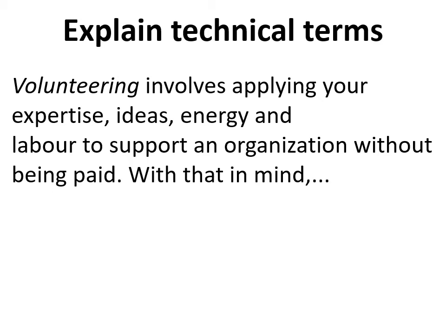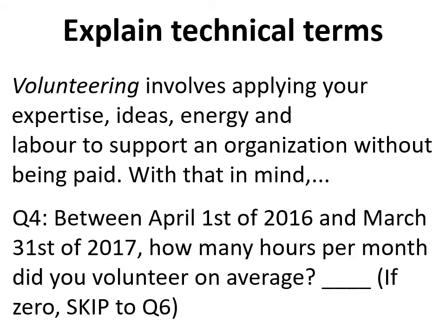And so what we did was define volunteering. Volunteering involves applying your expertise, ideas, energy, and labor to support an organization without being paid. With that in mind, we had a barrage of questions after that, such as the fourth question: between April 1st of 2016 and March 31st of 2017, so that's a year, how many hours per month did you volunteer on average?